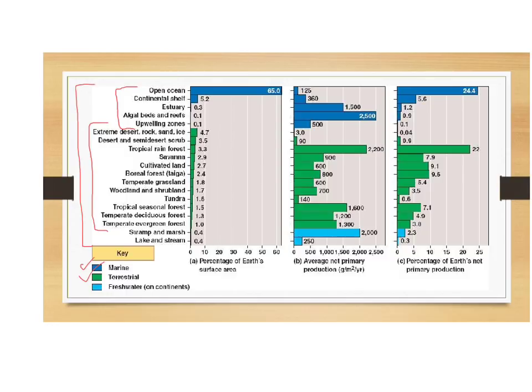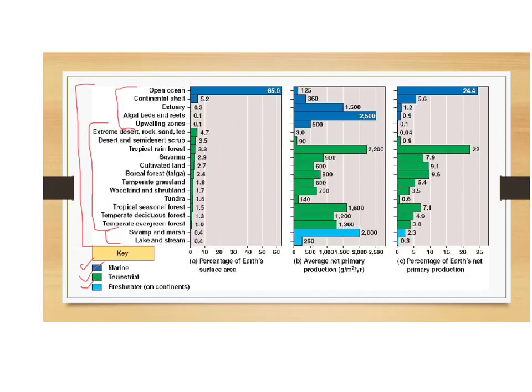And the last part of this is our freshwater on-continent biomes, shown in bright blue down here if you look at the key. So we have three categories of biomes that we're looking at: marine, terrestrial, and freshwater on continents.